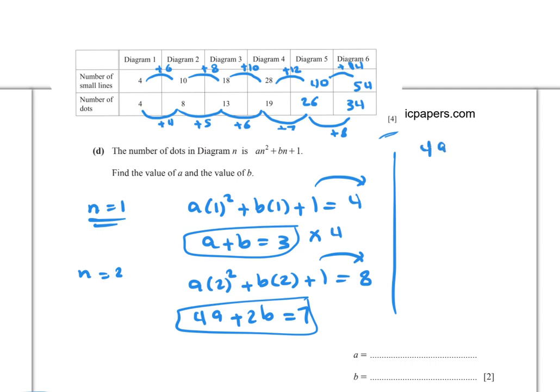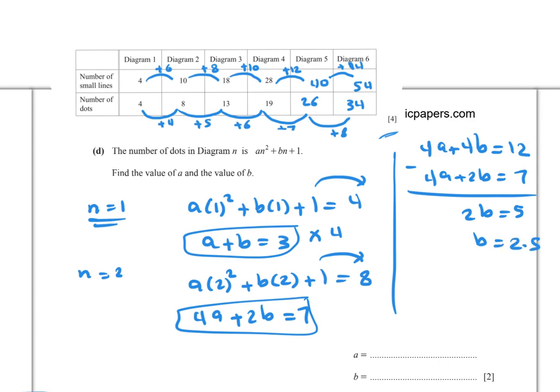So 4A plus 4B equals 12. And the second equation, 4A plus 2B equals 7. Now subtract. So 2B equals 5. So B equals 2.5. Divide by 2. So now you can substitute. So A plus 2.5 equals 3. So A equals 0.5. So A equals 0.5 and B equals 2.5.